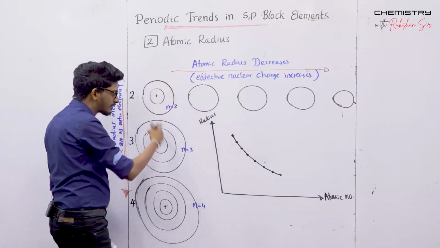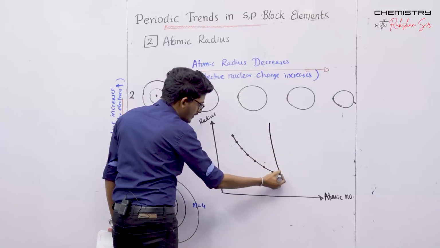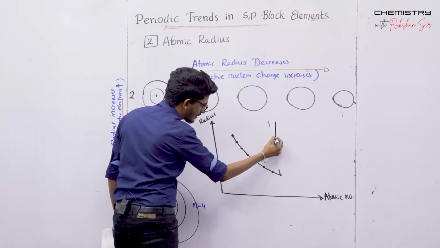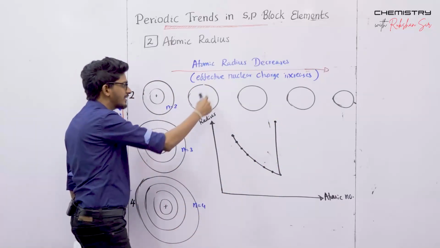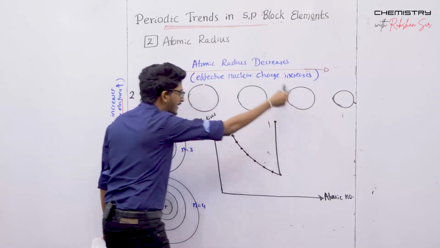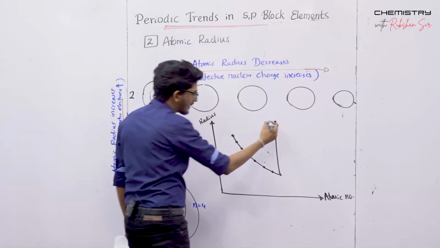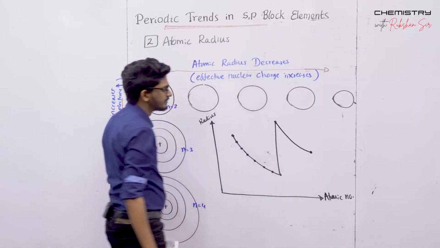When it comes to the next period, again you will see a greater value for the atomic radius. Then it again starts to decrease going towards the right of the period.